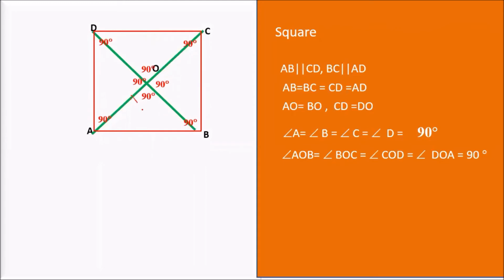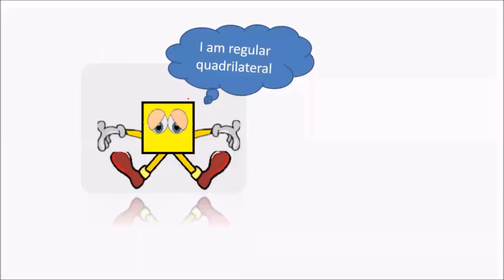Here another property holds, that is, AO is equal to BO. This was a printing mistake. AO is equal to CO and BO is equal to DO. So here all the angles are 90 degrees. Then it is a regular quadrilateral. Why?